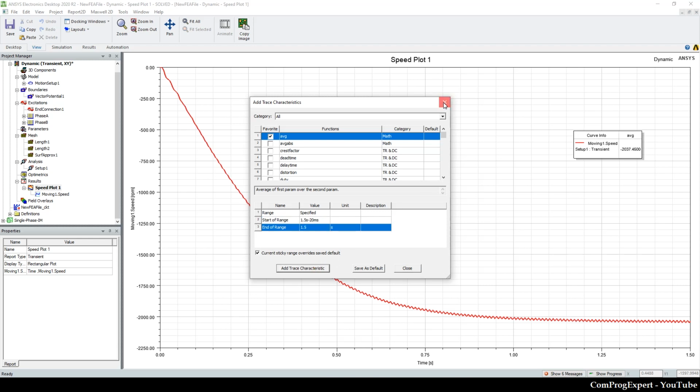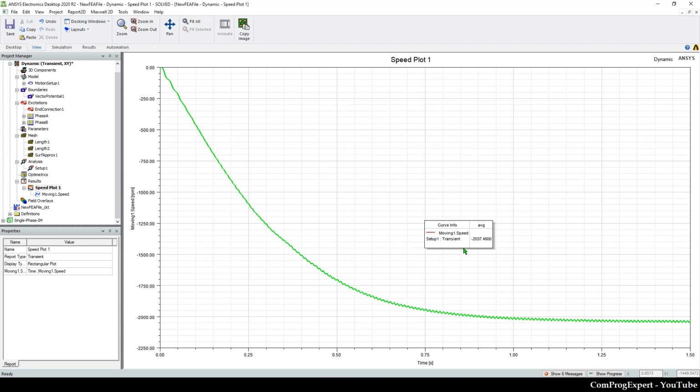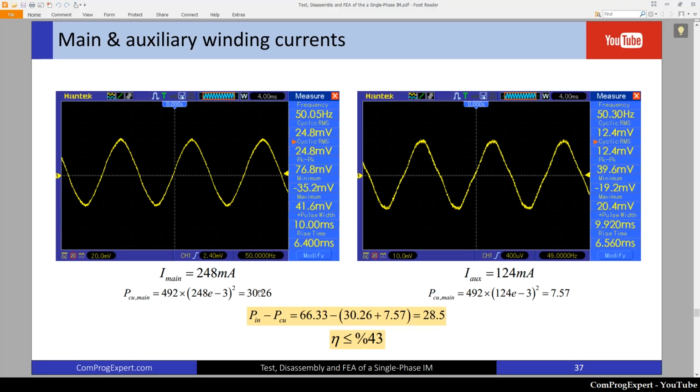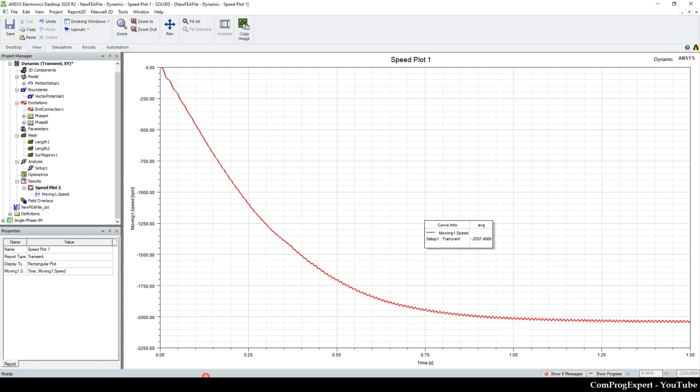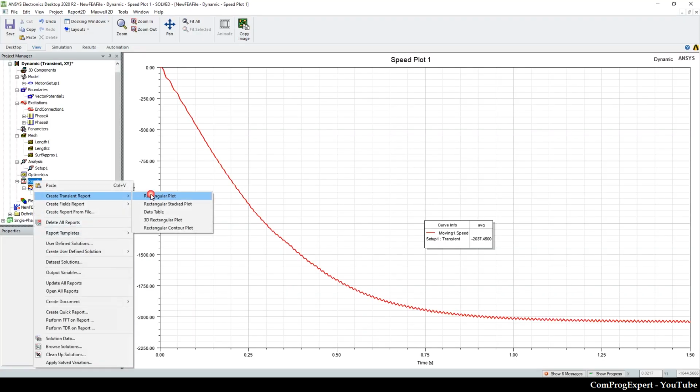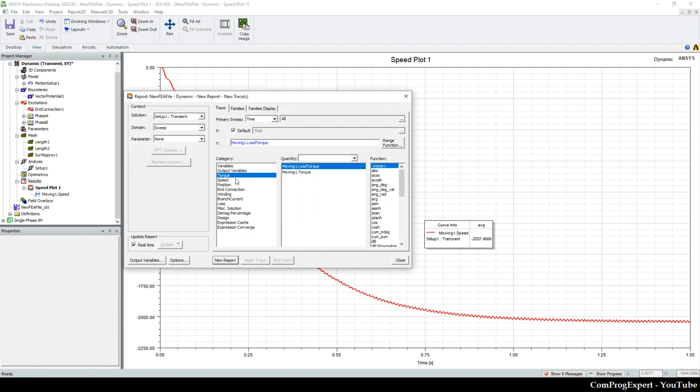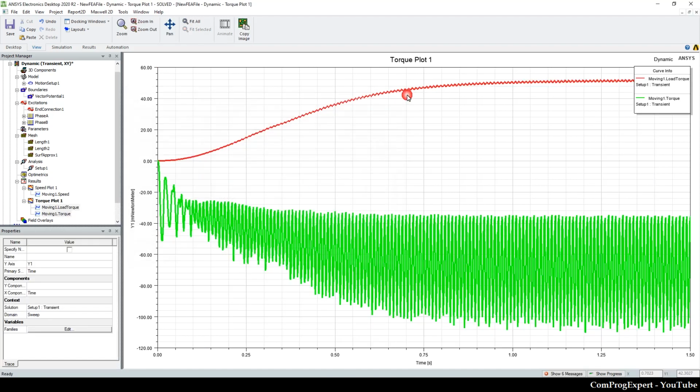And as you can see, the average speed that we calculated is around 2000 RPMs. That is different from this value that I got from experiment. So let's plot the value of the load torque and the electric torque.